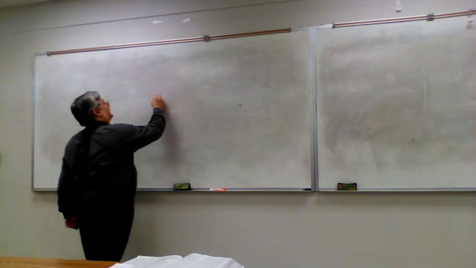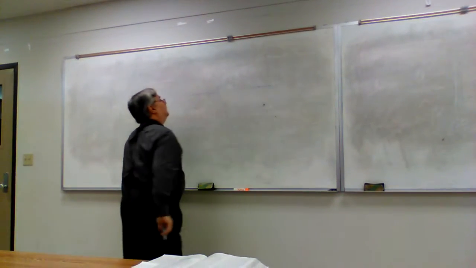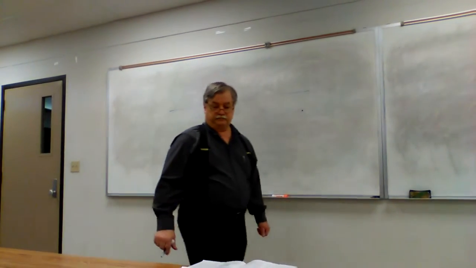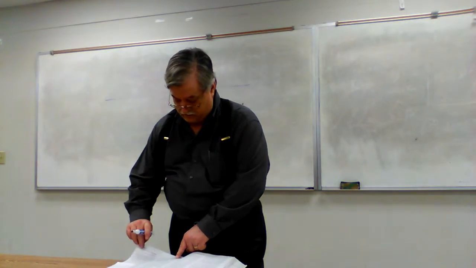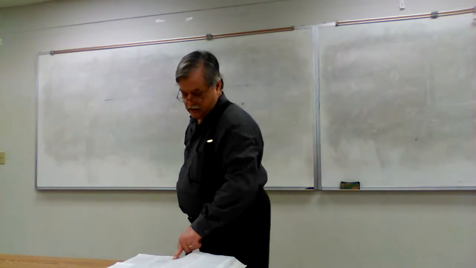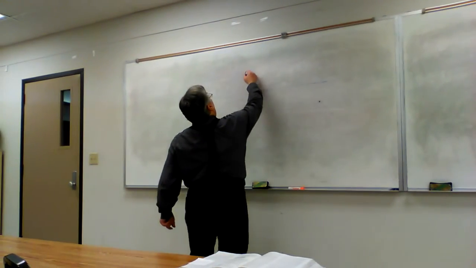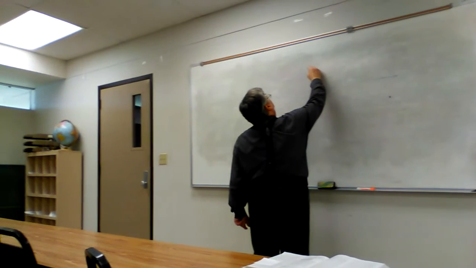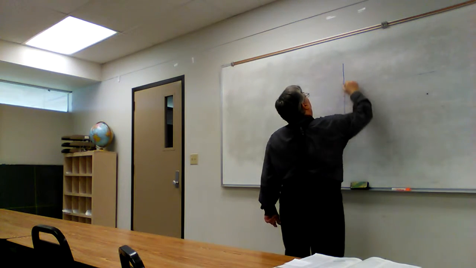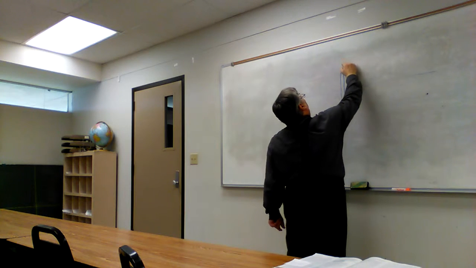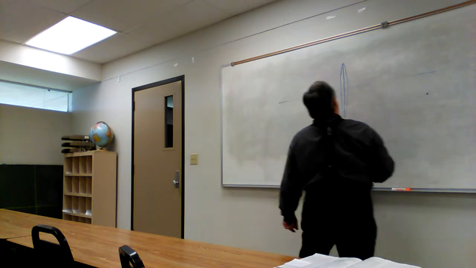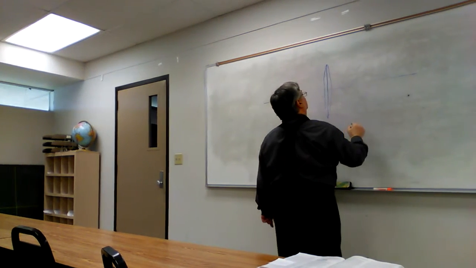Draw your baseline, your center line, through your lens. Now, here is your lens, and we can draw in the converging surfaces, the convex surfaces, if it helps you picture it.